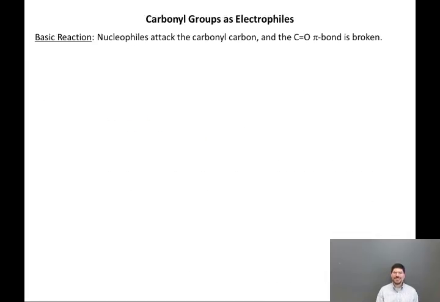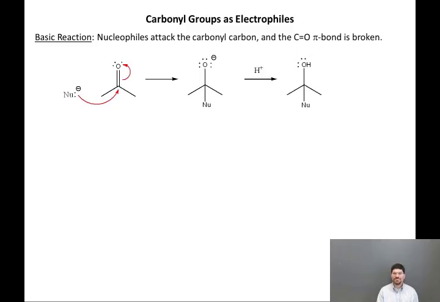So carbonyl groups as electrophiles. The basic reaction is that nucleophiles attack the carbonyl carbon and the CO pi bond is broken. So drawing that with curved arrows, the nucleophile of course has a lone pair, and we have an arrow going from the lone pair of the nucleophile to the carbonyl carbon, and then we have a second arrow starting at the CO pi bond because we're breaking that pi bond and putting those electrons onto the oxygen.